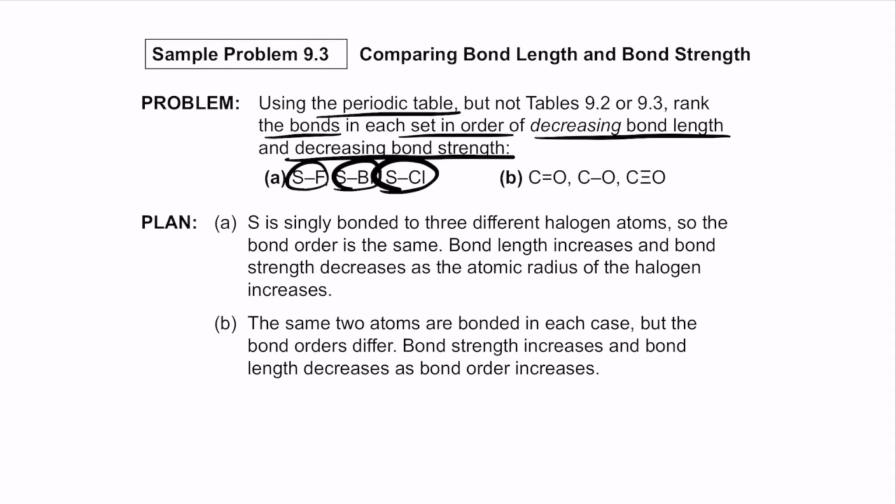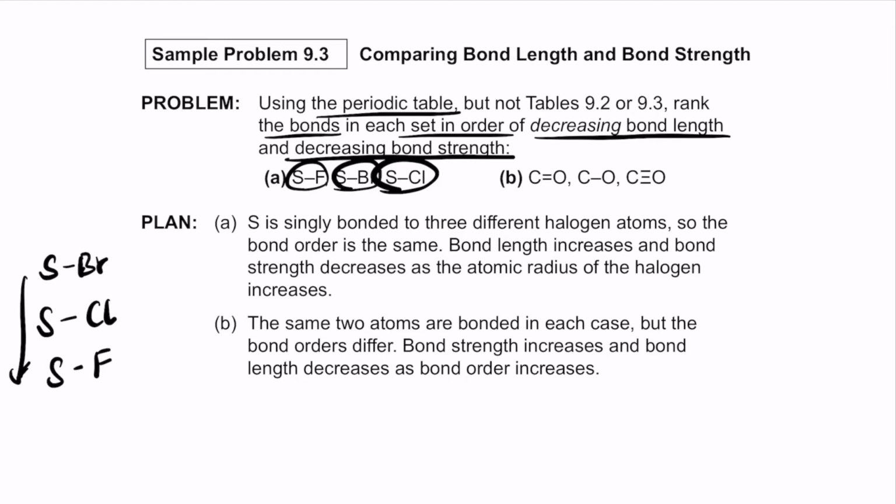As you go down the group, the bond length increases, so in terms of decreasing bond length, SBr is the largest one. The next one is SCl, and SF is the smallest one. So this is the decreasing order in terms of the bond length.